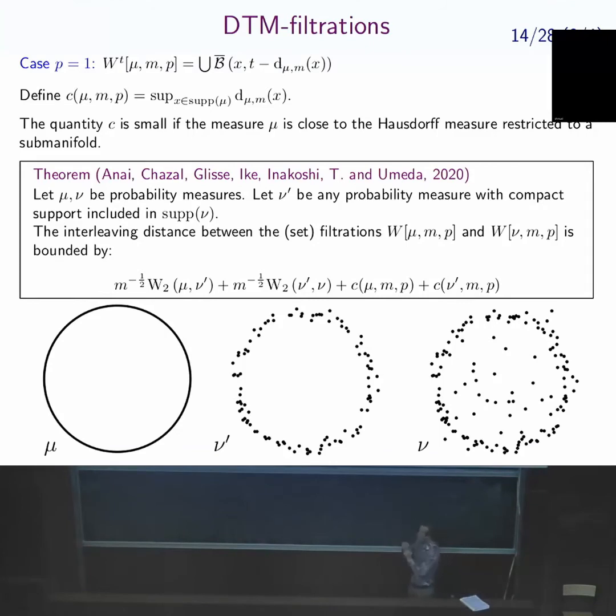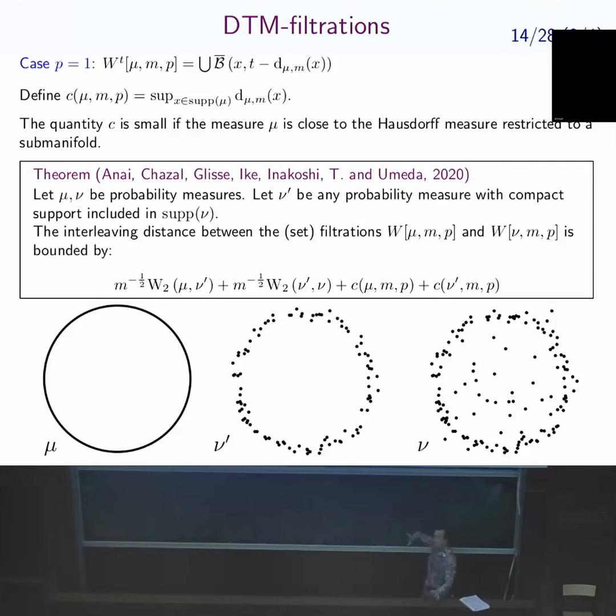Okay, and then the theorem says that, say you have two measures, mu and nu, and you want to compare the DTM filtrations based on mu and on nu. We need an auxiliary measure, nu prime. The only assumption is that the support of nu prime is included in the support of nu.